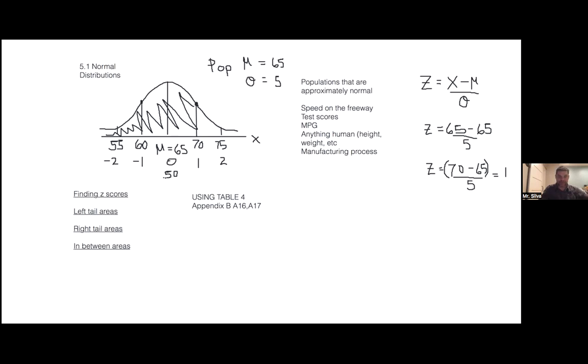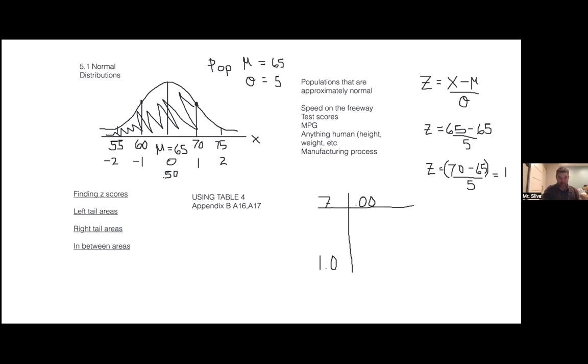Down the left side it says z, and the very first number is 0.0. I'm going to go down the table until I get to 1.0, and then I'm going to go across until I get to 0.00.